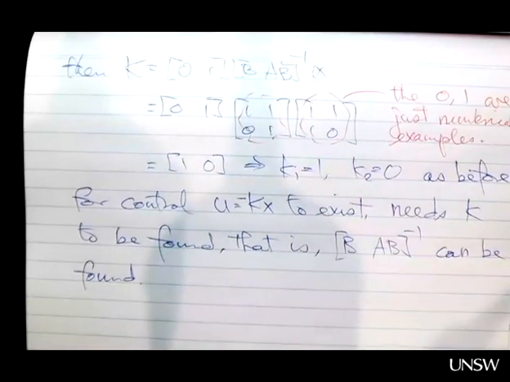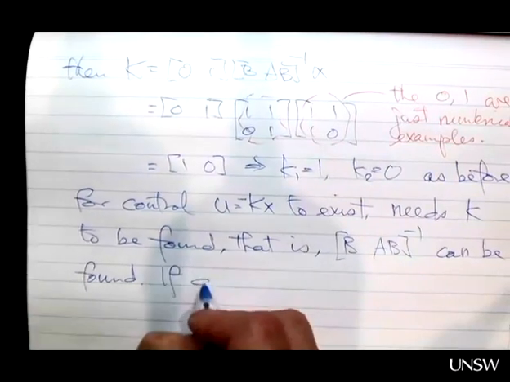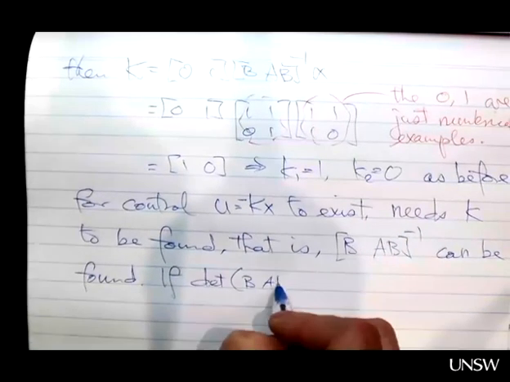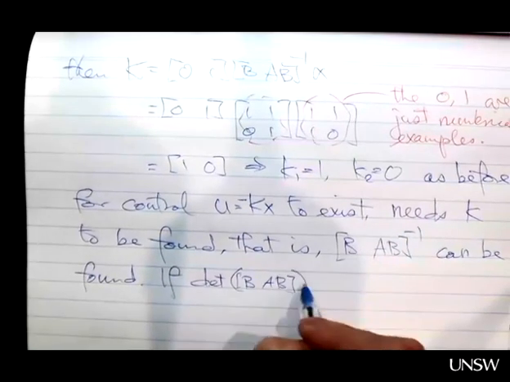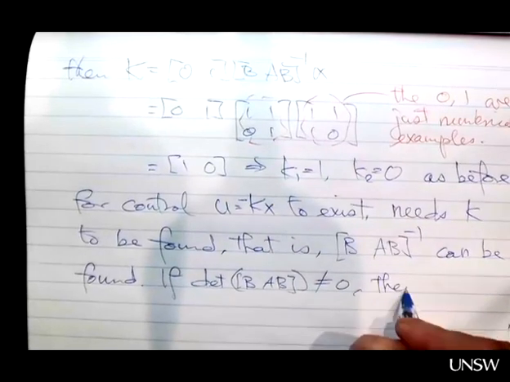So if the determinant of B, AB is not 0, then K can be found.